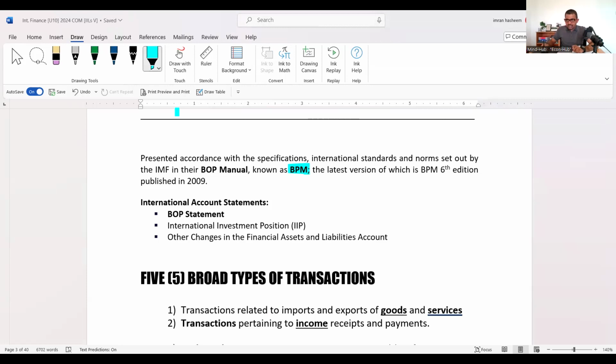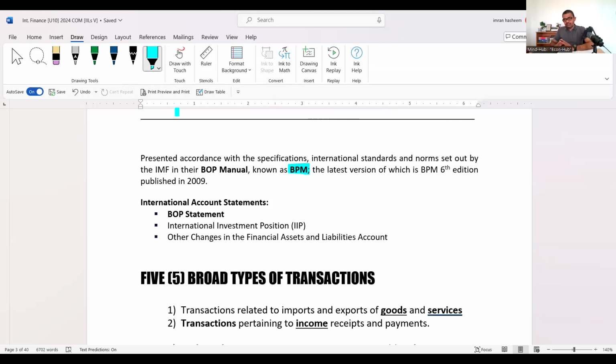So the abbreviation we use, I understand it's confusing, is BPM. Balance of payment manual is called BPM. It's a series of books with several volumes where in detail they explain how to prepare the international account statements and especially the balance of payment statement, because it's a very complicated thing.